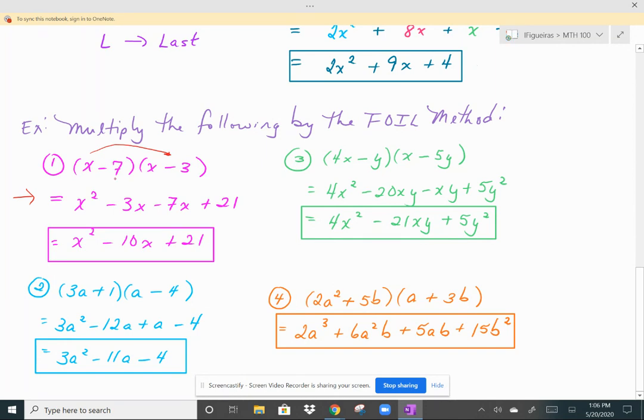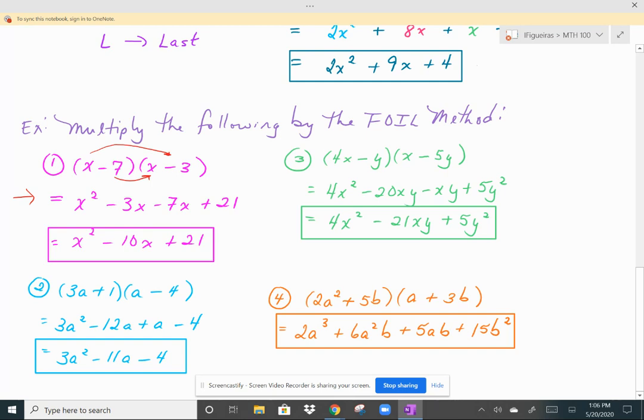Inner is negative 7 times x, so that's a minus 7x. And last are the two constants, negative 7 times negative 3, which gives me 21. Negative 3x and negative 7x combine to give you negative 10x, because you can add them. They're the same sign. So your final answer is x squared minus 10x plus 21.